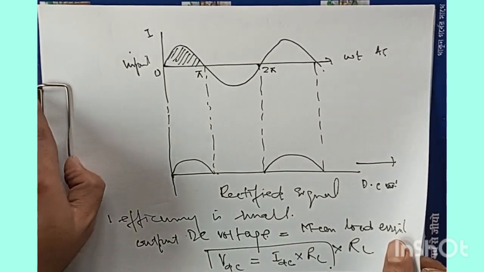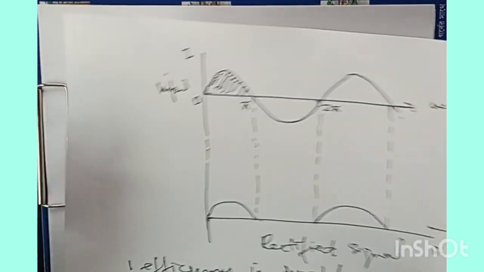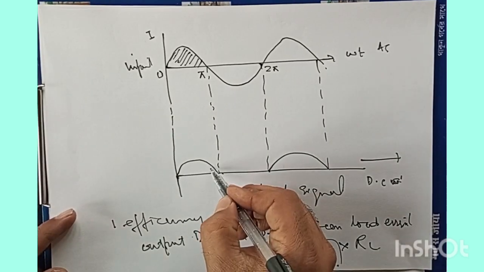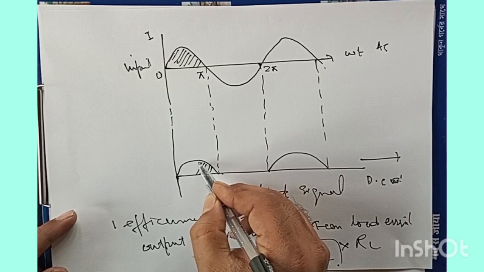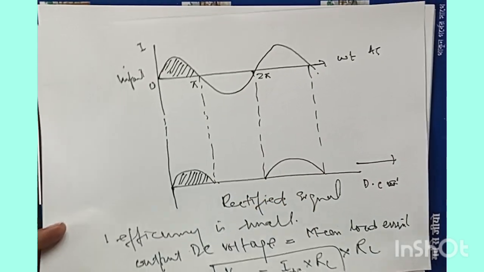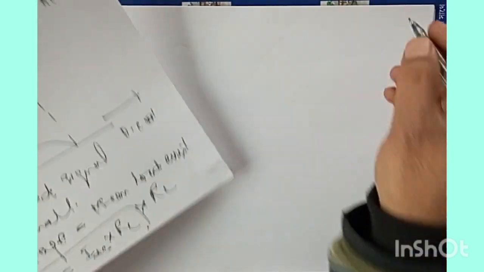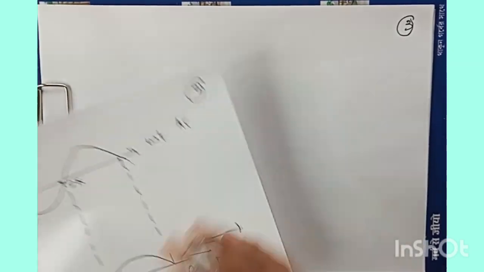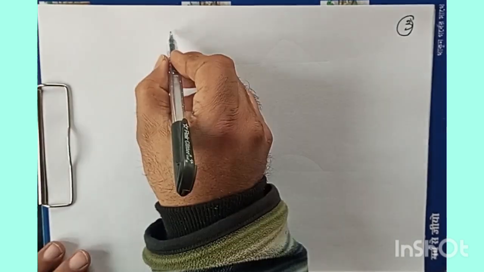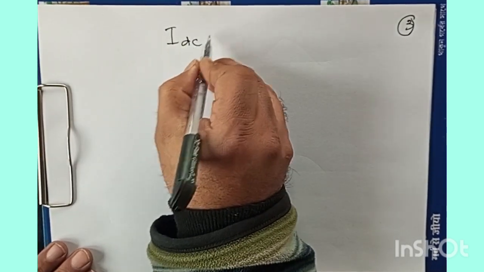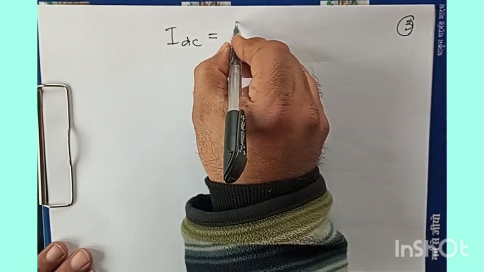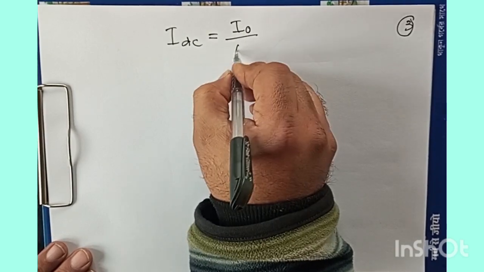But we understand that for this half cycle, we have the mean value of current, and that IDC is I naught by pi.